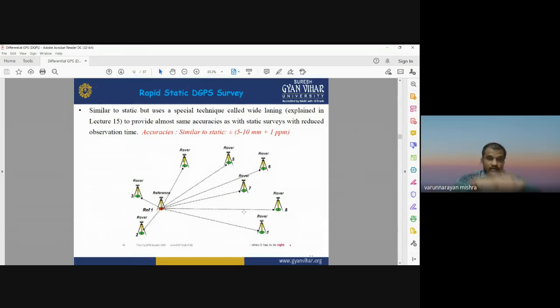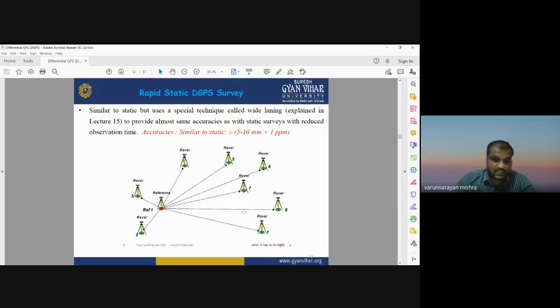If you cover a wide area for getting the coordinates and positional accuracies, it is known as wide laning. It is possible because your observational time is only 5 to 20 minutes.